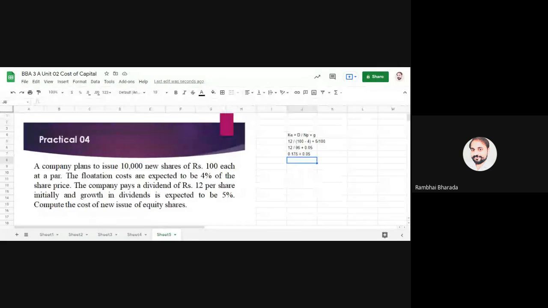Final answer is 0.1. Sorry, here I had done it correctly, 0.125 plus 0.05, final answer will be like this.